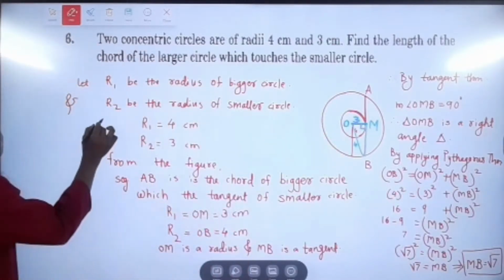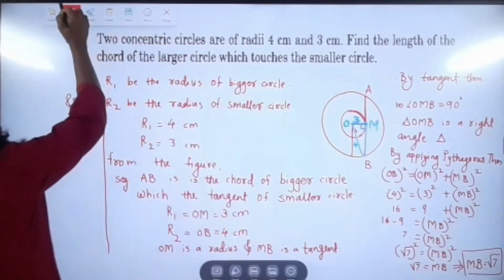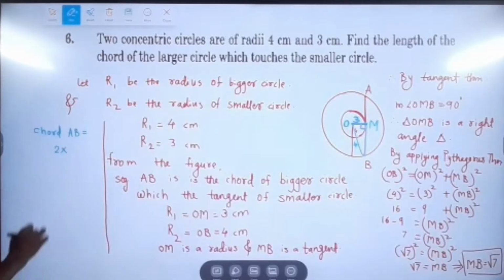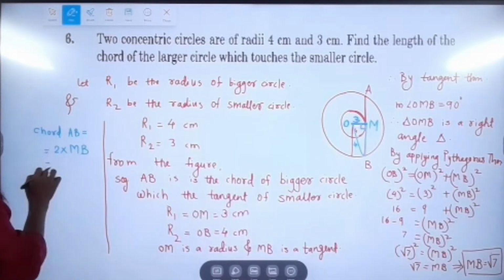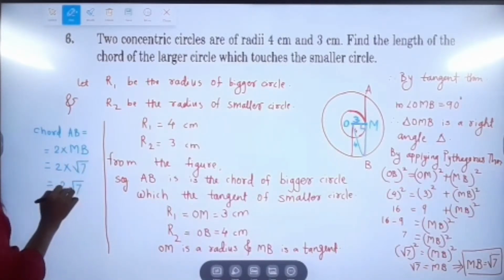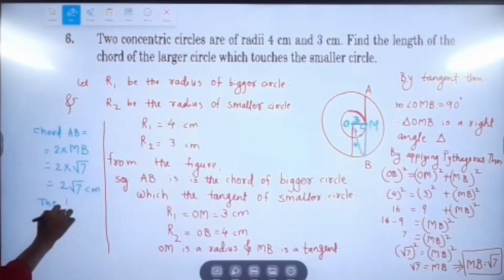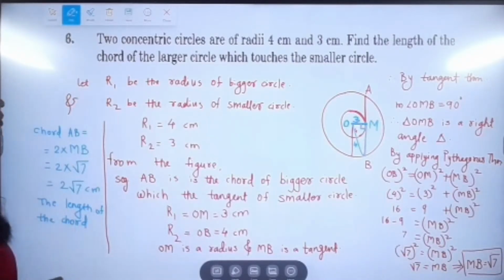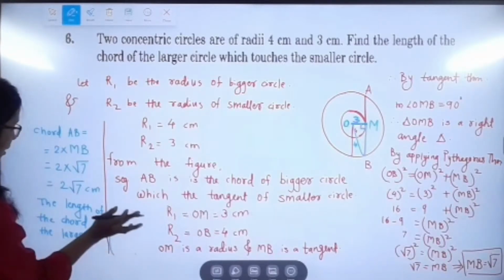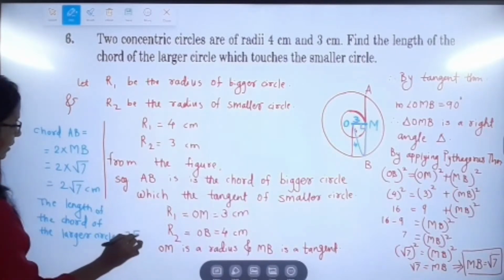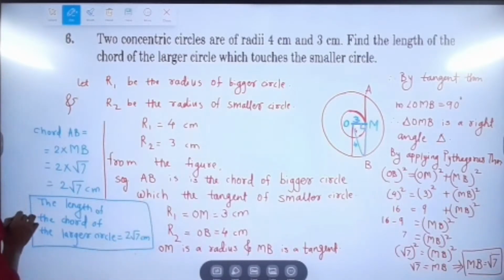So chord AB is equal to 2 multiplied by MB, that is 2 multiplied by root 7, which is equal to 2 root 7 centimeter. So the length of the chord of the larger circle is equal to 2 root 7 centimeter. Okay students, this is our final answer.